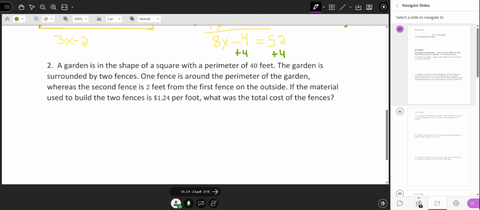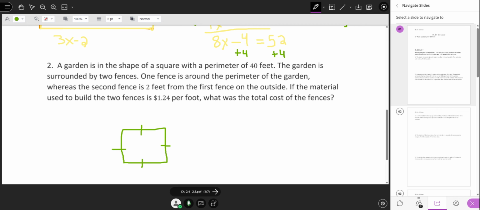A garden is in the shape of a square with a perimeter of 40. Well, I know a square is the exact same on all 4 sides.